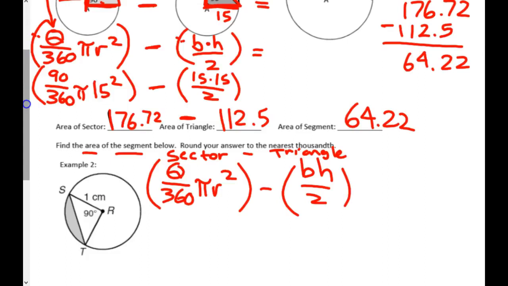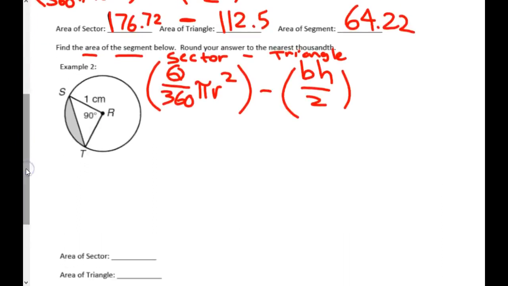All right, let's do this. Theta is what? 90 degrees, right? The radius is what? 1. All right, so let's do this. 90 over 360 pi 1 squared.